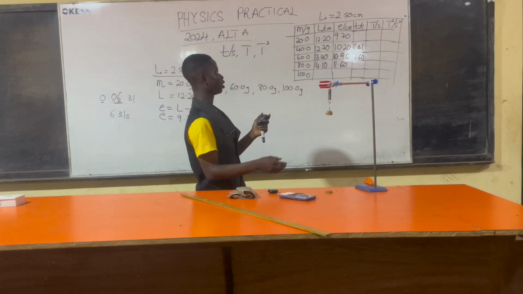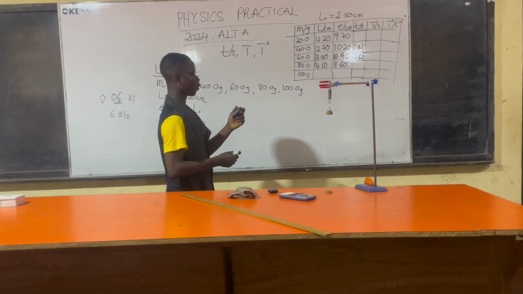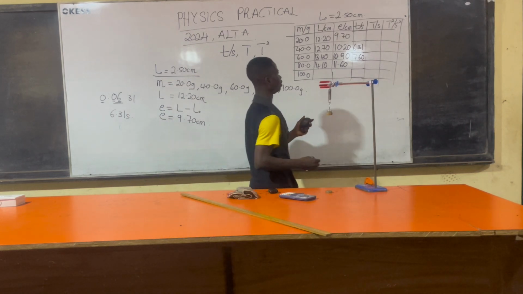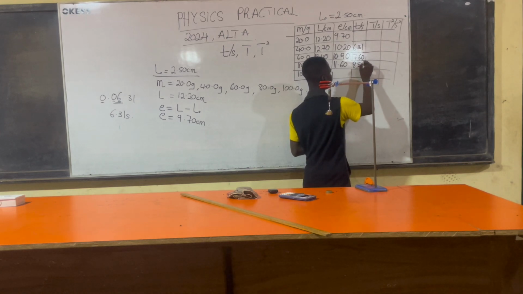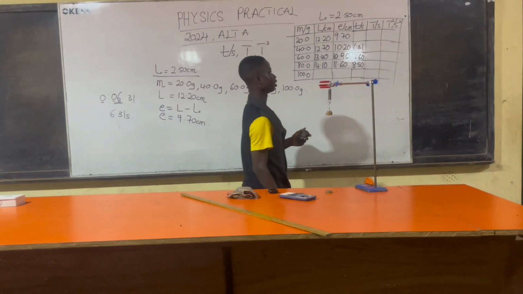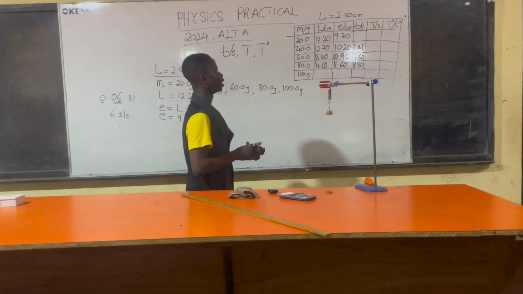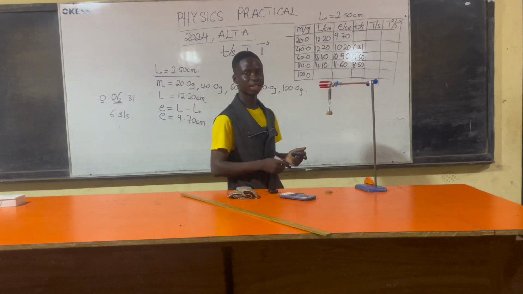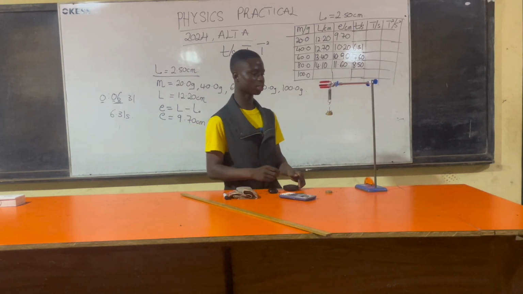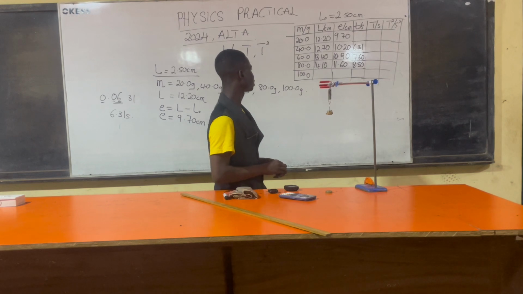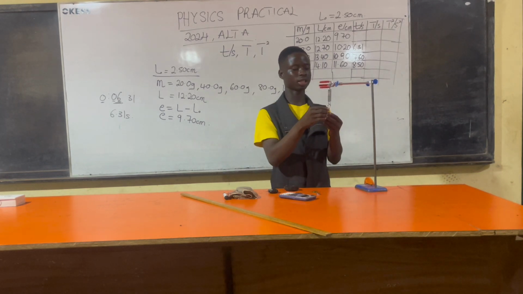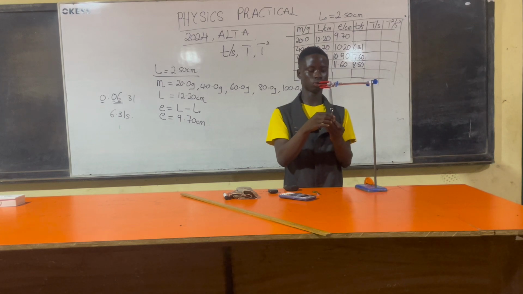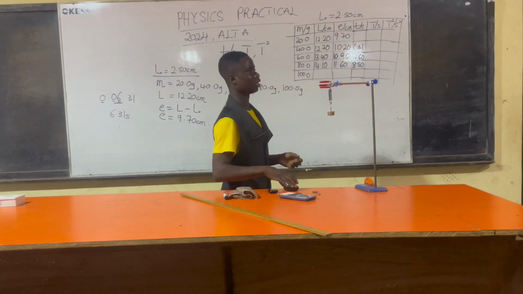Over here we have 8.50 seconds for the time for mass 80. So let's add our mass 100 to it. For mass 100, we just add mass 50 to the already 50 mass on it.